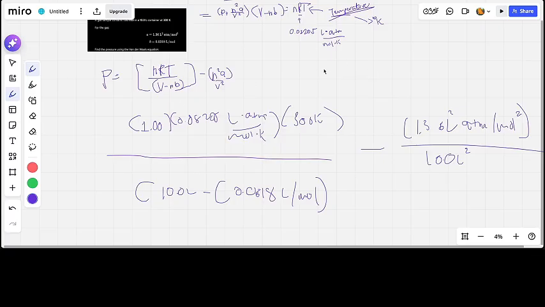And then I'll try 0.08205 times 300 over 10.0 minus 0.0318.